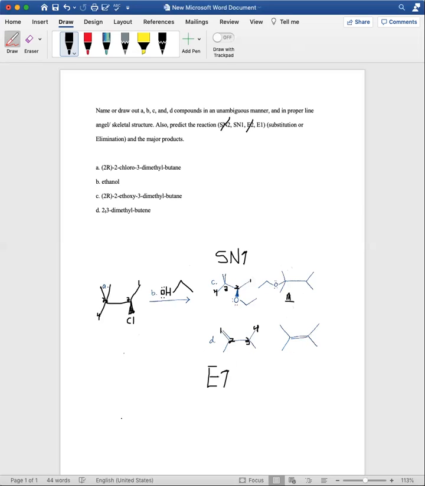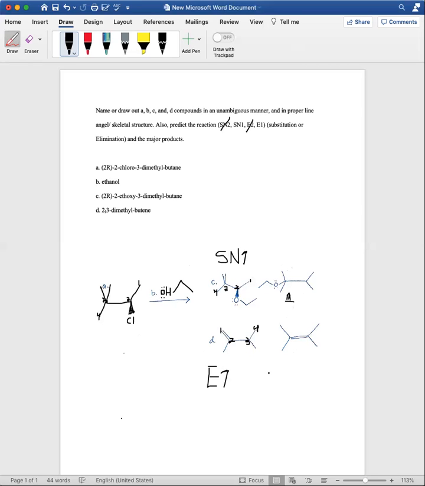And for elimination or E1, how can we figure out which one is the major product? So it is due to Zaitsev's rule. So when you have an E1 reaction, you have a choice of where a double bond is going to form.